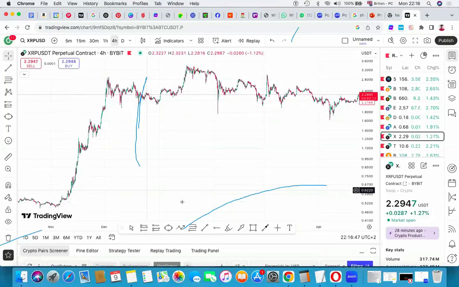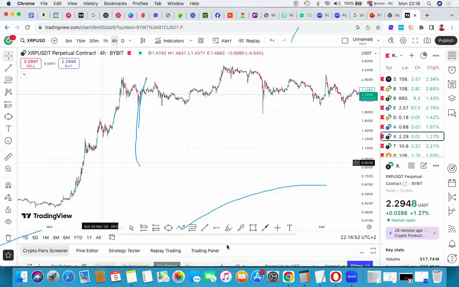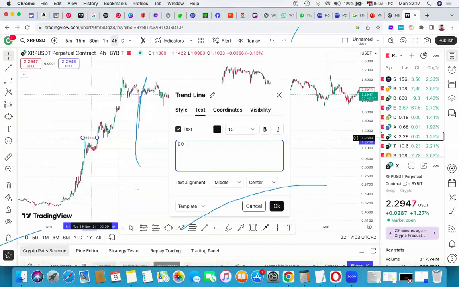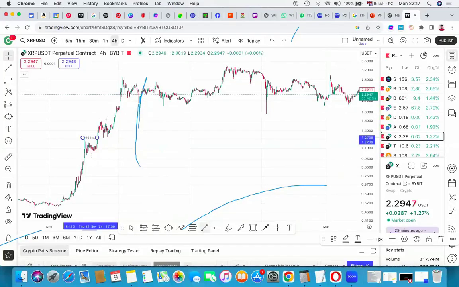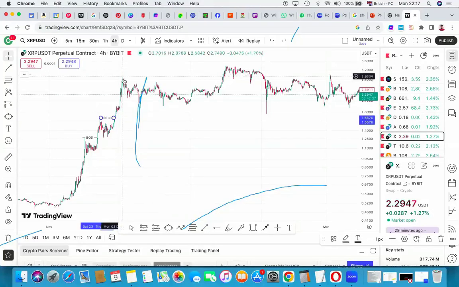So what we want to do is first put in our structure. We have a break here, and we have another break here. So also here we have a break of structure.